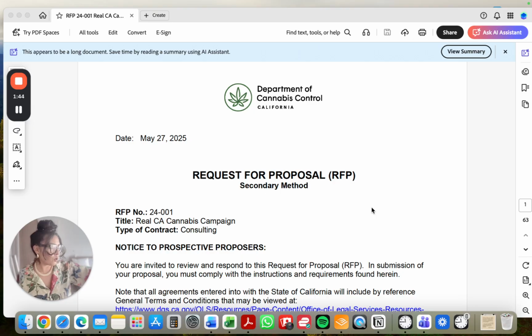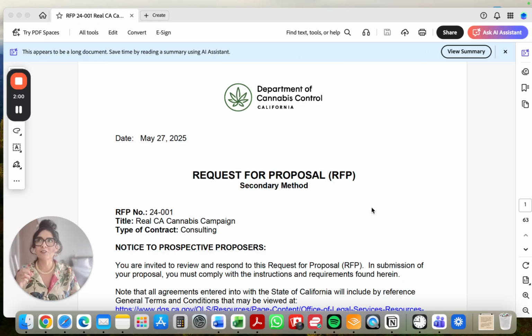Okay, so first things first is read the RFP in its entirety, because they are similar as far as they'll always have a statement of work and evaluation factors, but there's going to be little nuances in every single one of them. Just read through it, and you'll get used to your industry and be able to get through them faster.